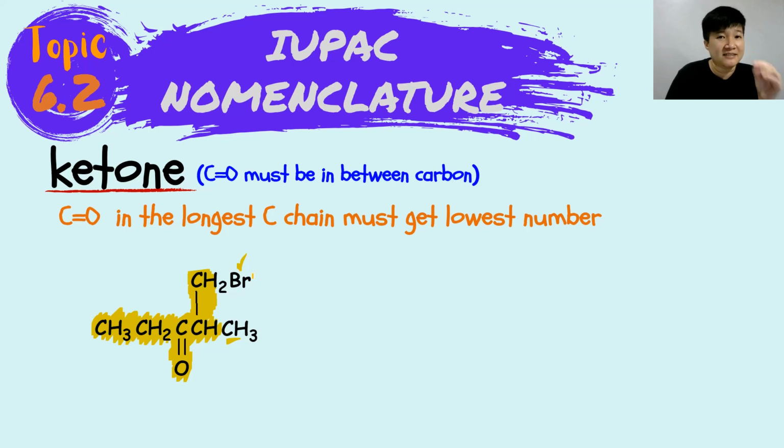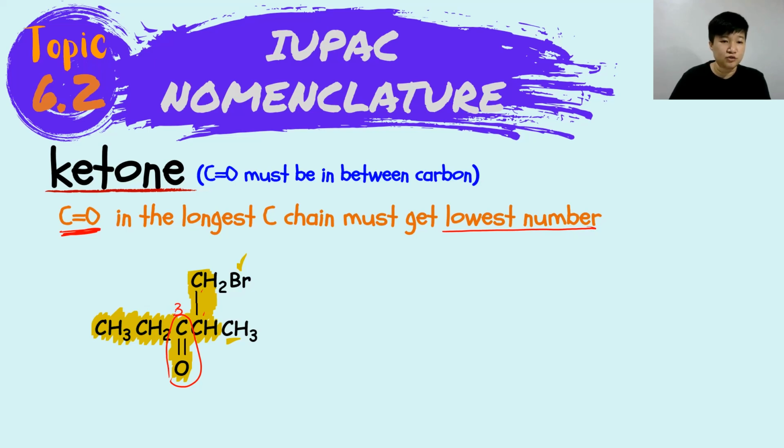Since it's the same number of carbon, we always go for the one that has more substituents. And C double bond O must get the lowest number, counting from the left or counting from the right. Both will give you number 3.